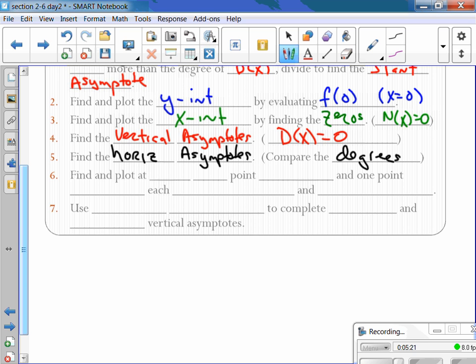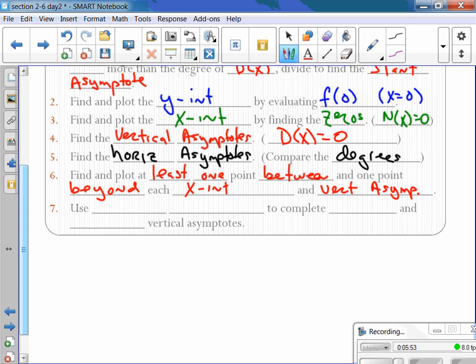So we want to find and plot at least one point between and beyond each x-intercept and vertical asymptote.